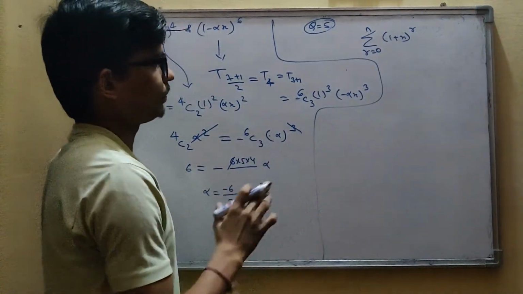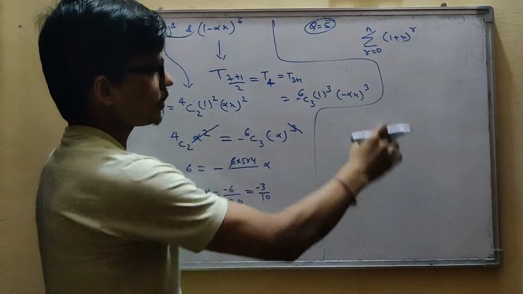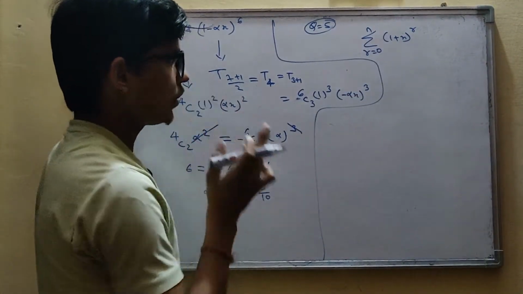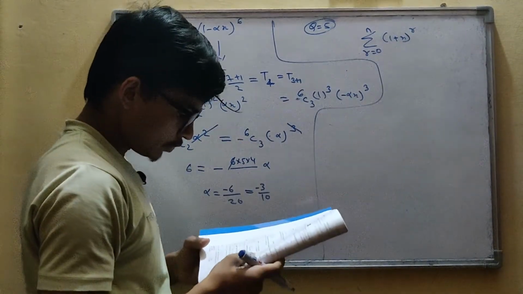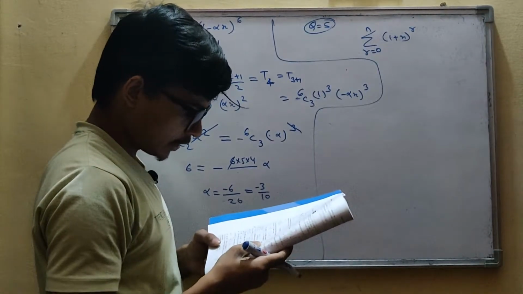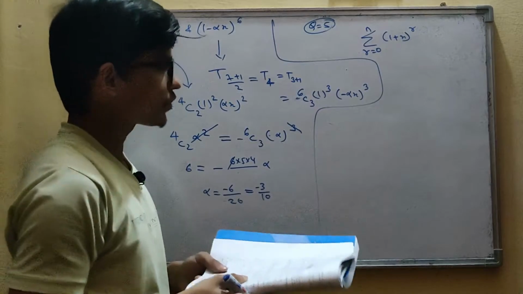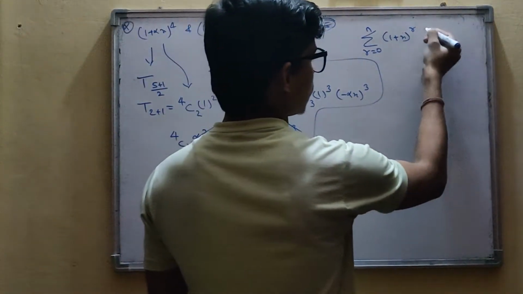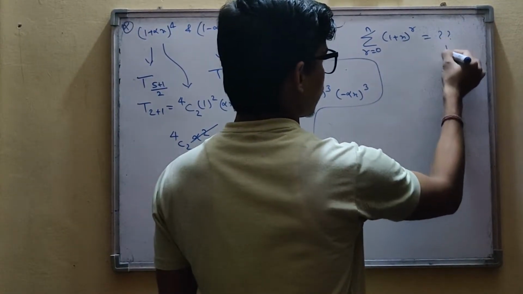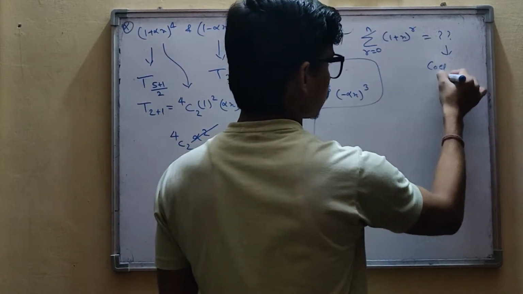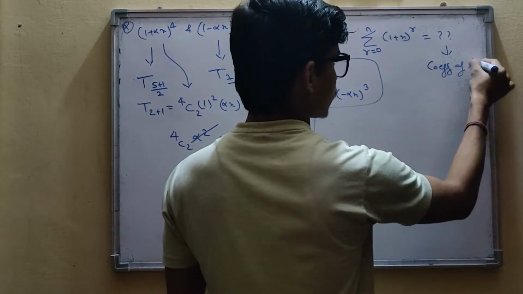If you generalize the series, it is (1 plus x) to the power r, and the limit on r is from 0 to n on the summation, right? So we are interested to find the coefficient of x to the power k.